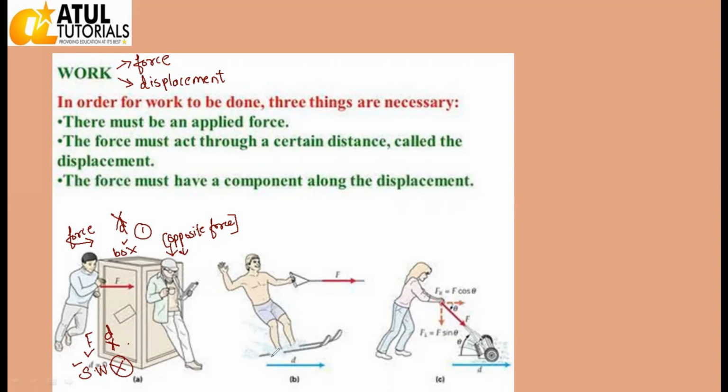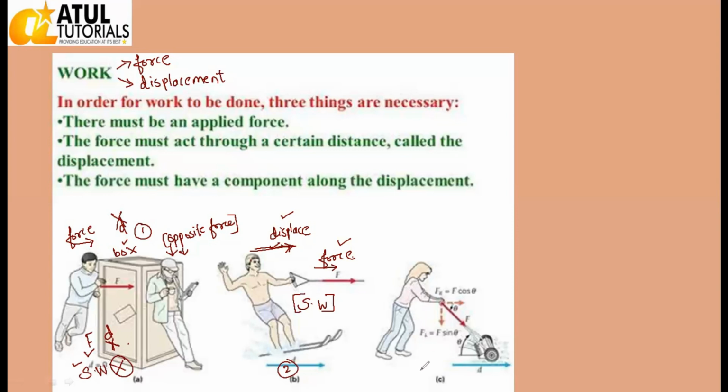But in the second example, this boy is displacing or moving along the direction of the applied force. So here force is also there and displacement is also there. So we can term this task as scientific work.